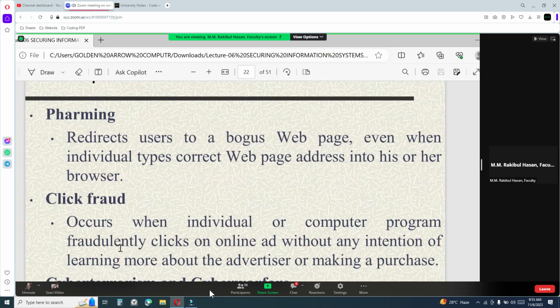Then click fraud. What is click fraud? There are some platforms, like click-to-earn. There, you have to create your account first.